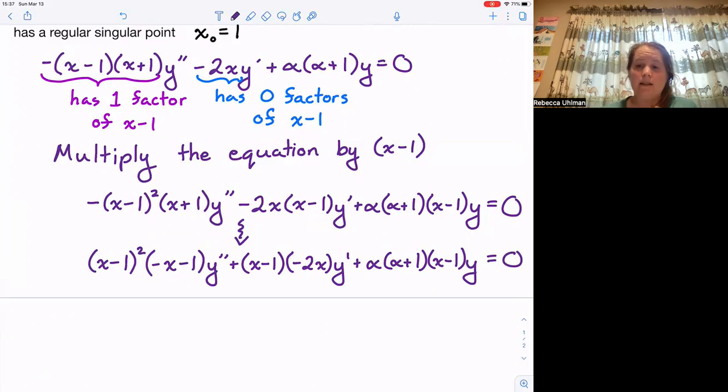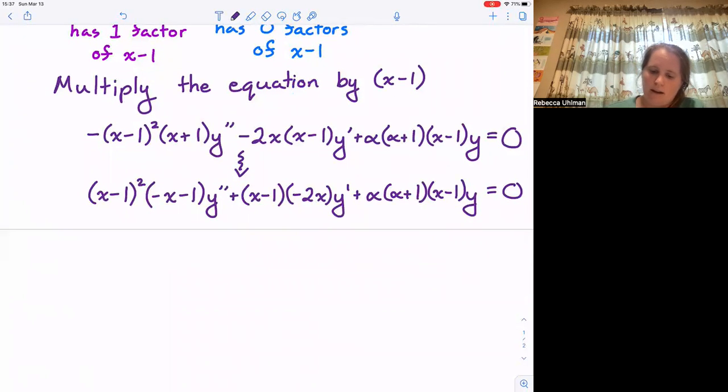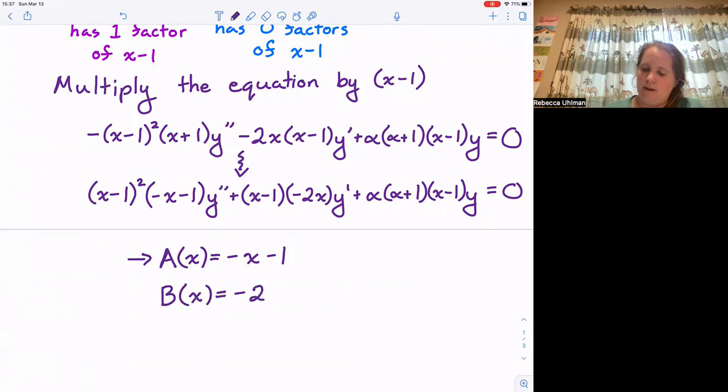So in this case, my a of x is negative x minus 1. My b of x is negative 2x. And my c of x is alpha times alpha plus 1 times x minus 1.